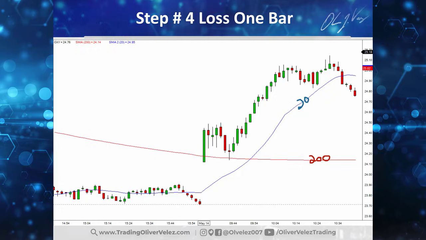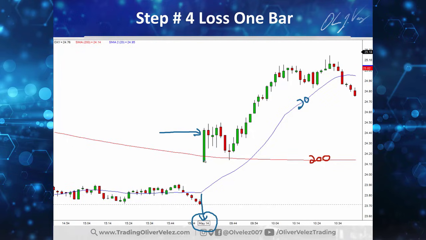My traders also know that they should be looking for power surges off of these 2 moving averages. Power surges. So take a look at the first bar of yesterday. This is yesterday's price data, May 14th.